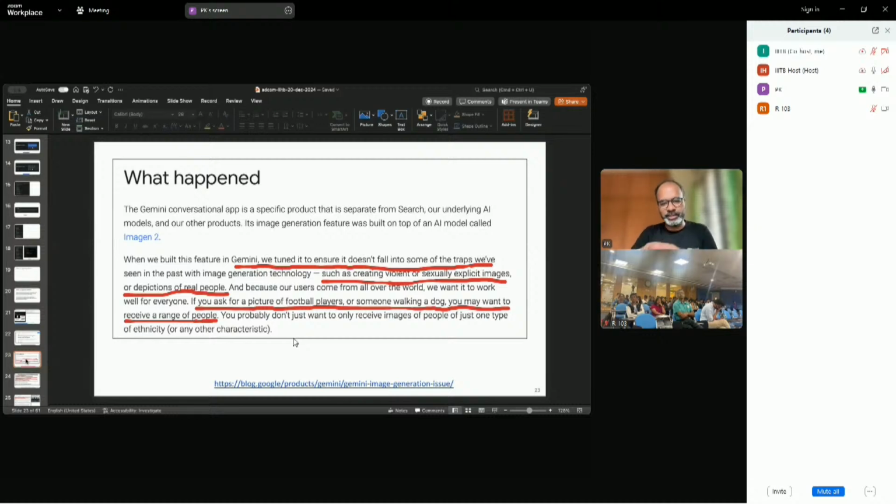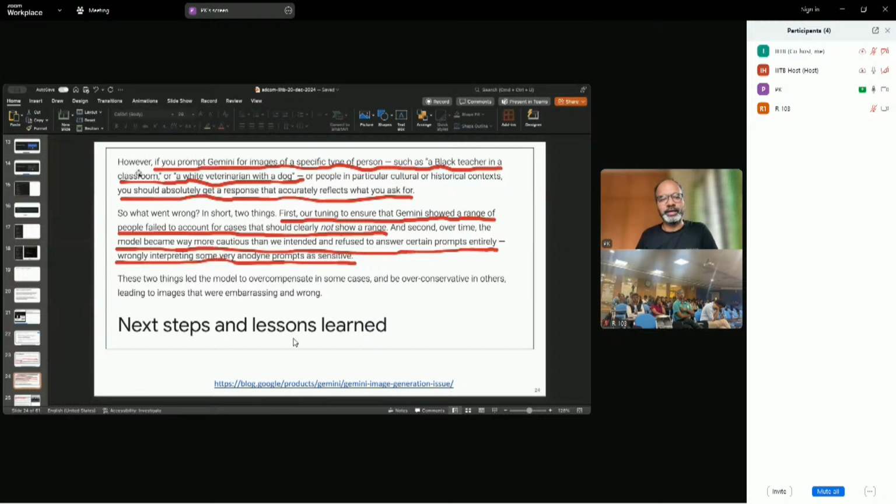This slide gives you the details; please read the blog. It's actually a very interesting technical blog on how Google started, where they went, and how they ended up messing up their Gemini system. So here is the information. If you prompt Gemini for images of a specific type of person, such as a black teacher in a classroom or a white veterinarian with a dog, this is so specific, right?